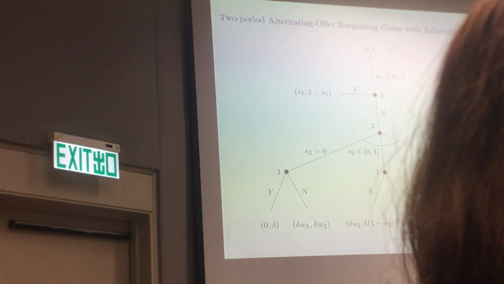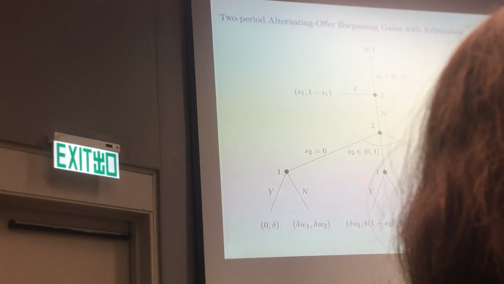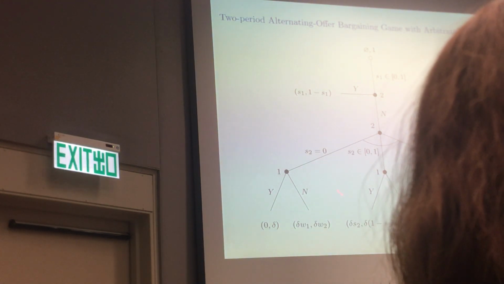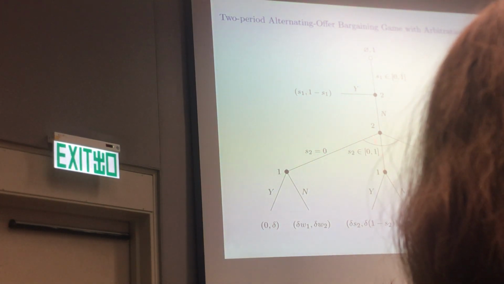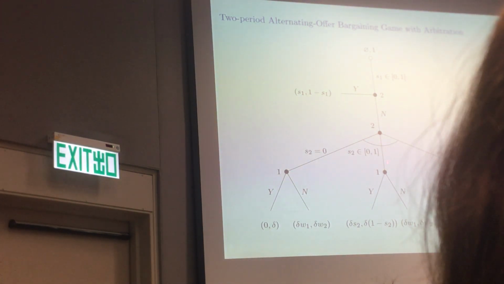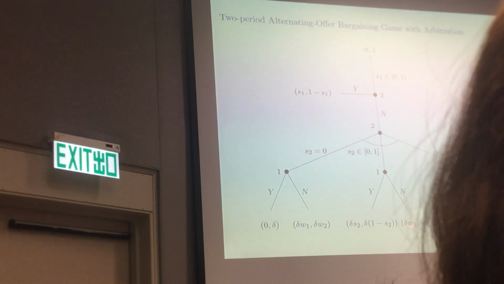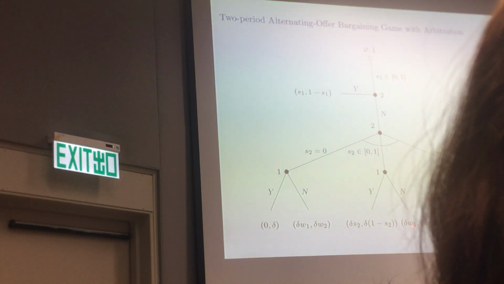Which means that in this subgame, the only equilibrium outcome is that player 2 will allow player 1 to enjoy a share of the pie equal to W1, and player 2 will enjoy the residual of the pie. You can ignore delta for now because that is simply a discounting factor.